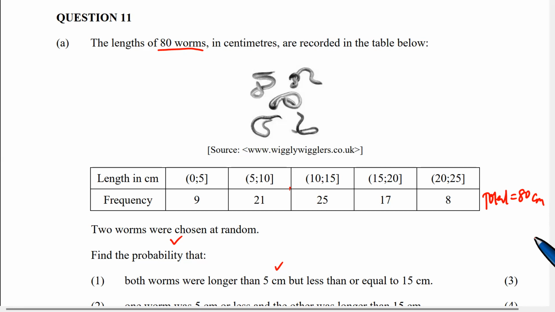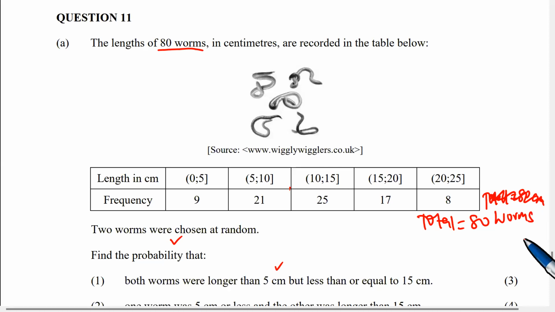The total equals 80 worms. That's what I'm saying, so it means 80 worms.